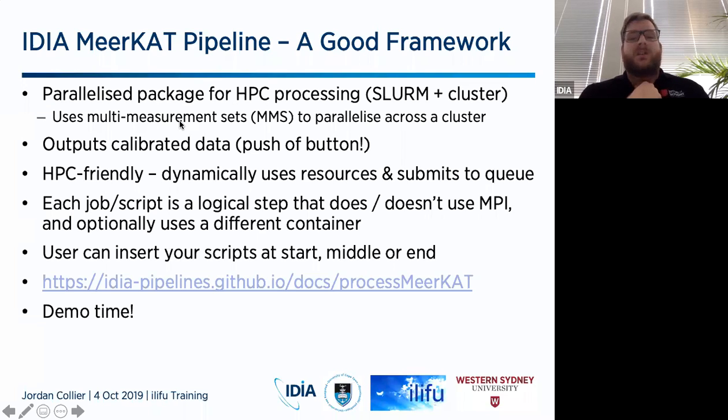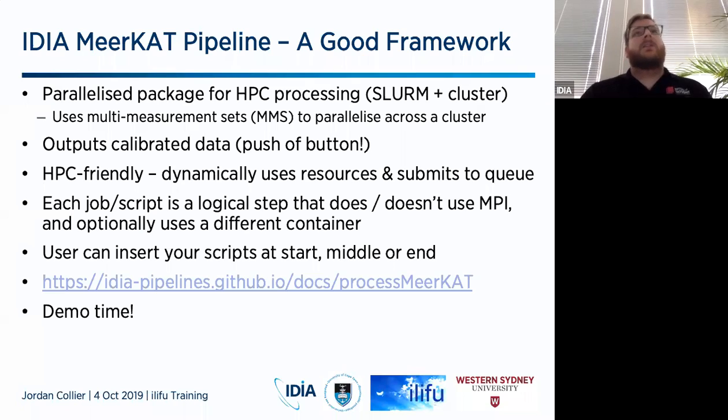It uses these multi-measurement set formats to parallelize across our cluster. You basically push the button and you get your output calibrated data, and the pipeline itself dynamically allocates resources and submits to the queue. Each job, that is SBatch job, each of those calls a different script, they're all logical steps that do or don't use MPI.